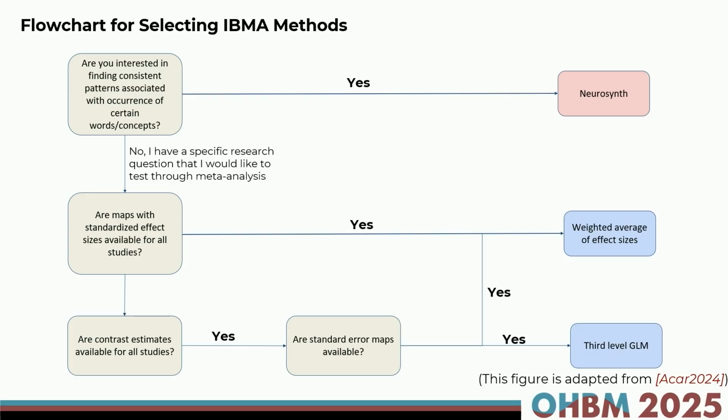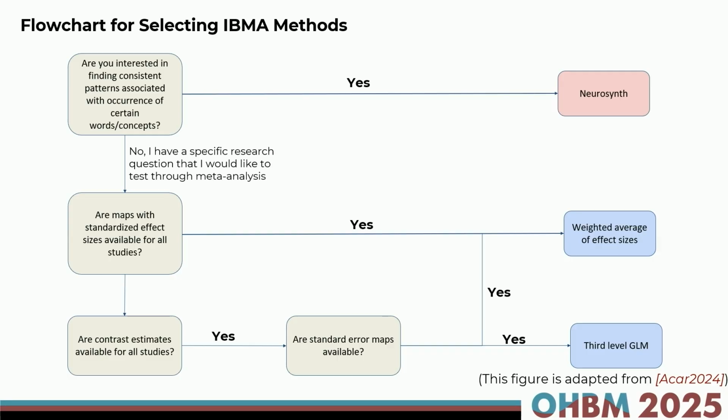And now we have known many IBMA methods, and this is a flowchart, or a decision tree, for making decisions on how to choose the best IBMA method for our data set. So the first question we should ask ourselves is, are we exploring consistent patterns associated with occurrence of certain words or concepts?